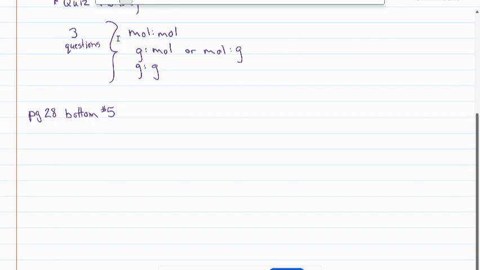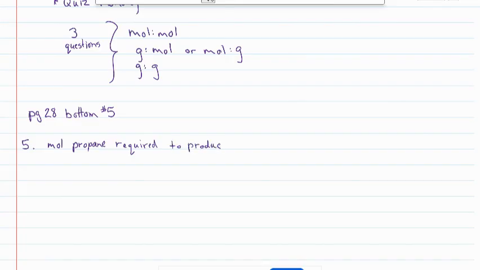Bottom page 28, number 5, how many moles of propane are required to produce 0.47 moles of carbon dioxide, CO2.